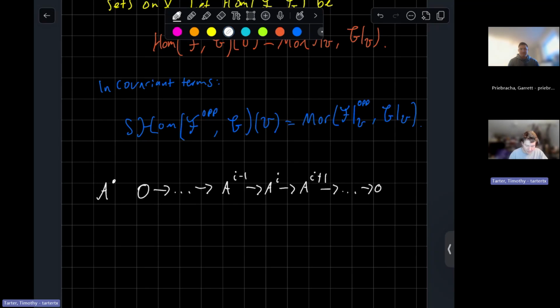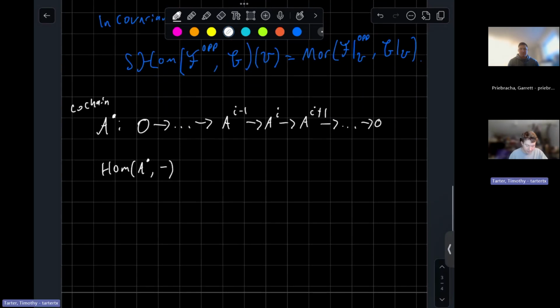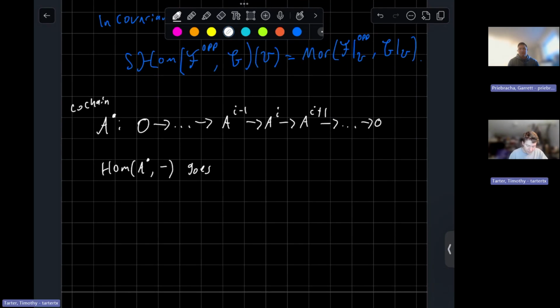If this is a complex A dot, basically starting as a cochain, then we can take the hom functor Hom(A dot, -) to anything, which in terms of covariance goes as Hom(A dot op, -), wherever we're sending it.